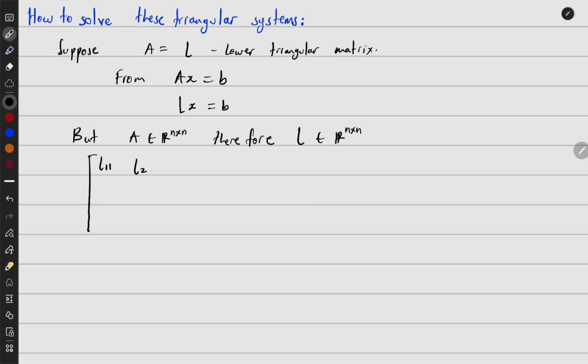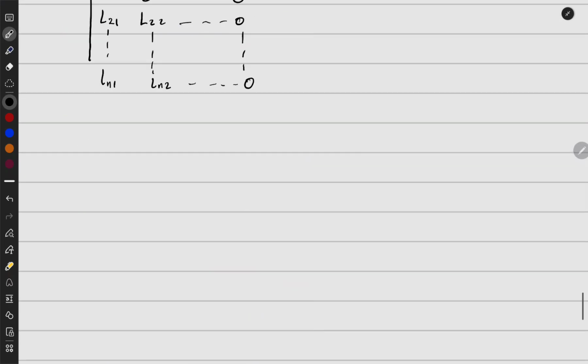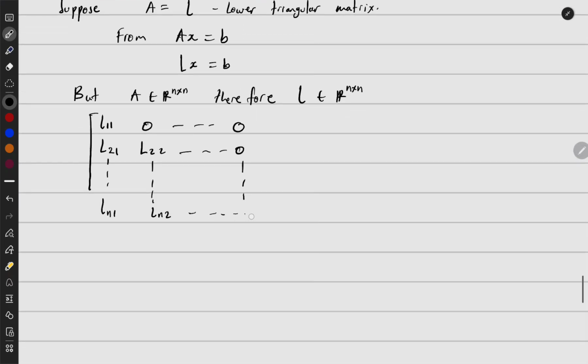So this can be L12, which goes to 0. This can be L21, L22, this is a 0. These remaining ones are zeros. LN1, LN2, but these ones are zeros, everything apart from this is LNN.